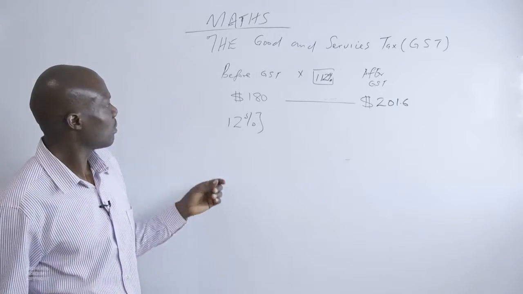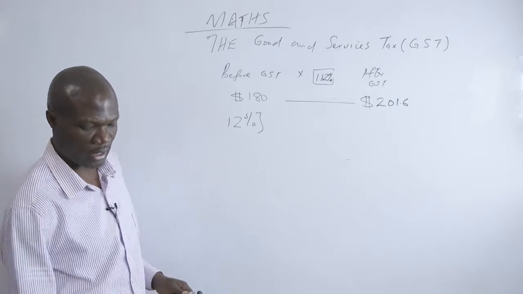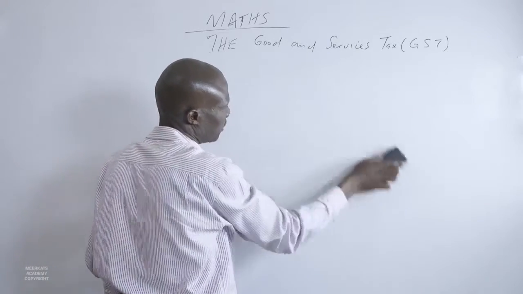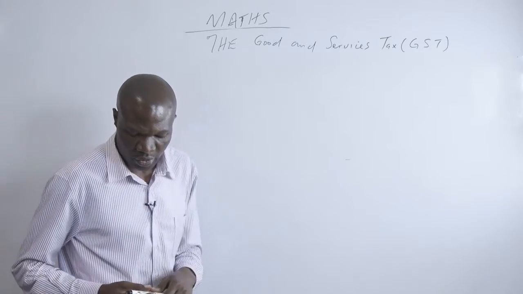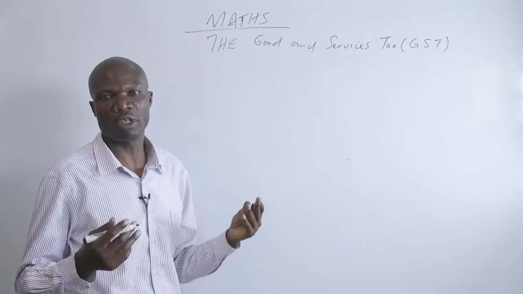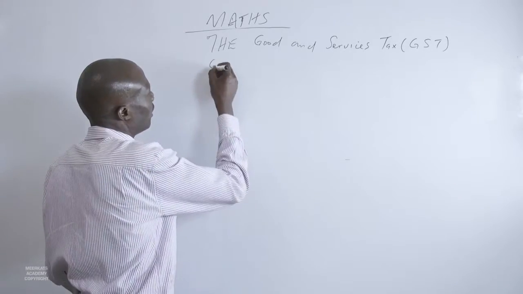So when we talk about the GST, goods and services tax, which is a method of raising government revenue, first we should look at the percentage. We should be conversant with the percentage that is charged.